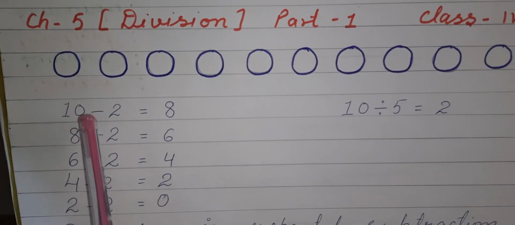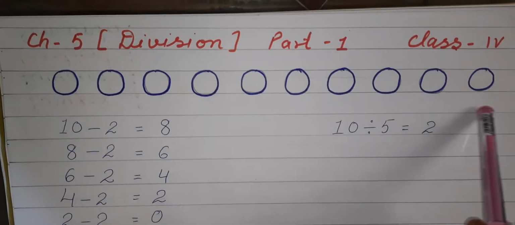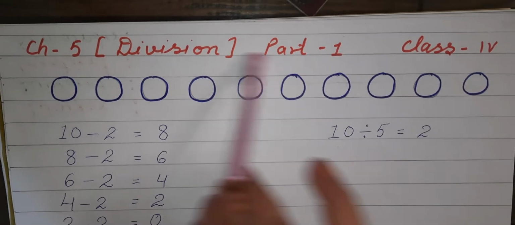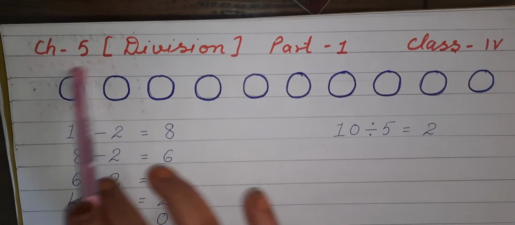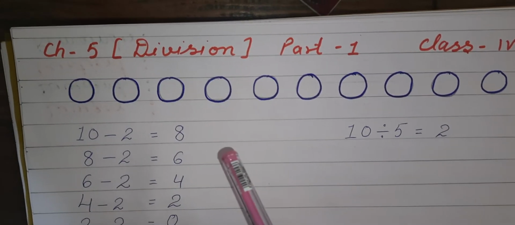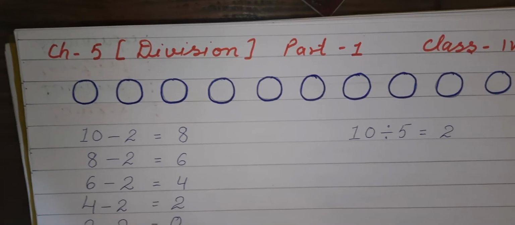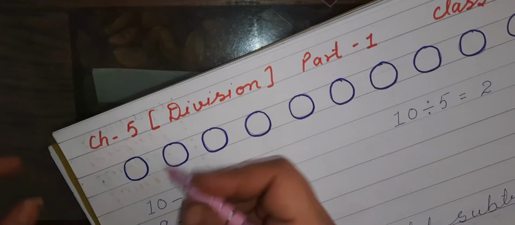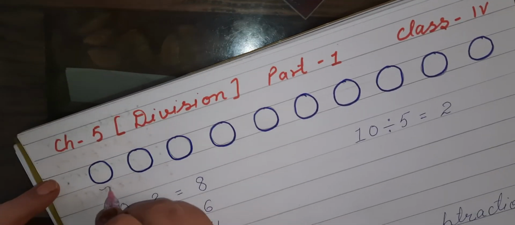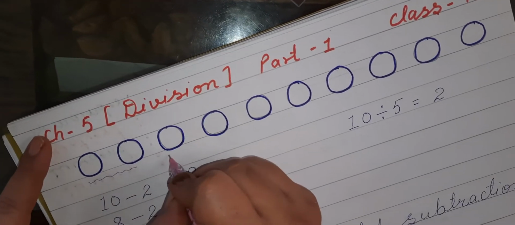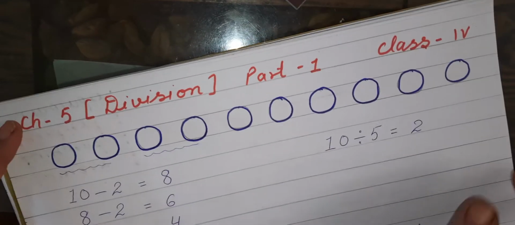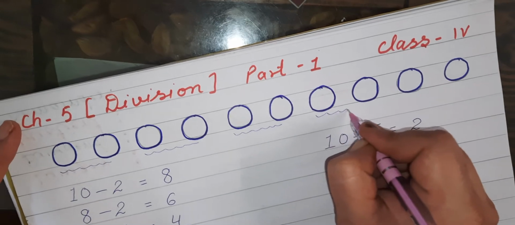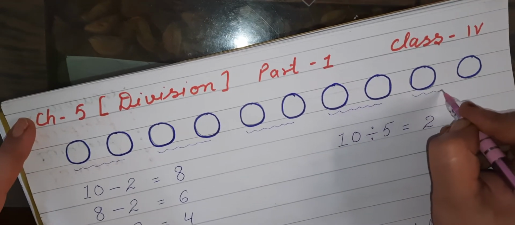Student, see the picture. These are 10 marbles. Suppose these are 10 marbles, and I have to distribute these marbles among my 5 friends. So, every friend will get 2 marbles.